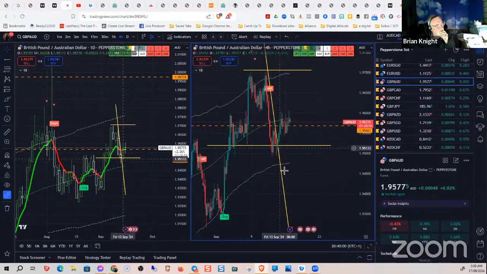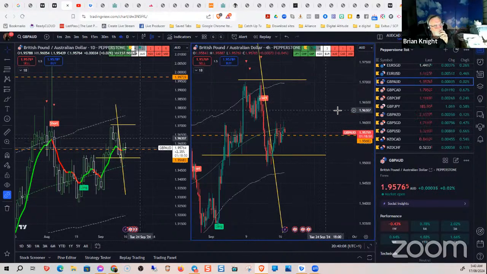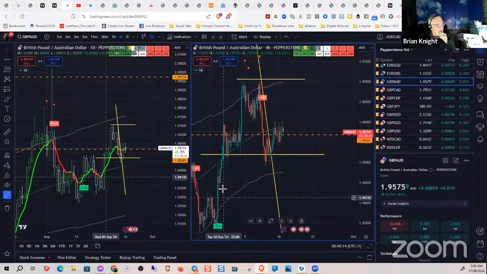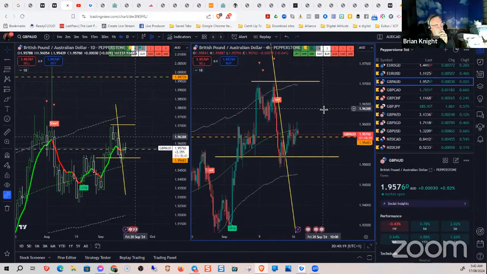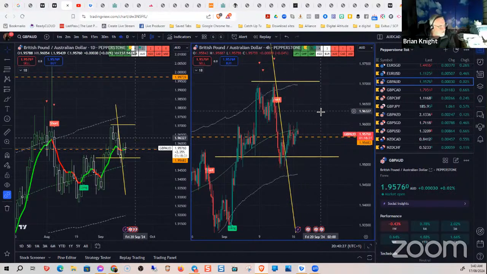Look at this, broken the trend line. That's lovely. But there's a whole lot of rubbish going on there. Nothing decisive like that or that. Looks like it's coming up to break that short. Well, it's at the danger zone in the middle, so we'll just see.